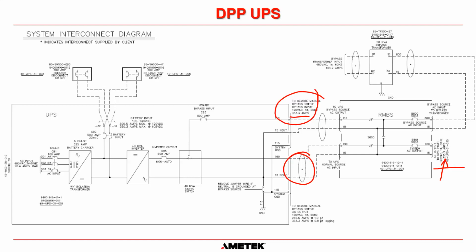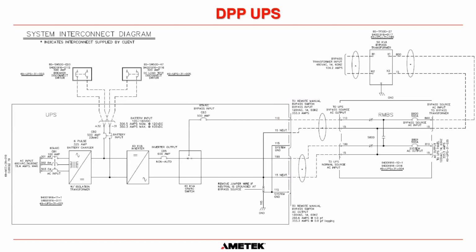Is it in cable tray, and how long the cable run is between the UPS system and the distribution panel to account for voltage drop as well. But that is where you will find the currents there. Okay, 333.3 amps, and we always list it at 0.8 power factor because that is the industry standard.